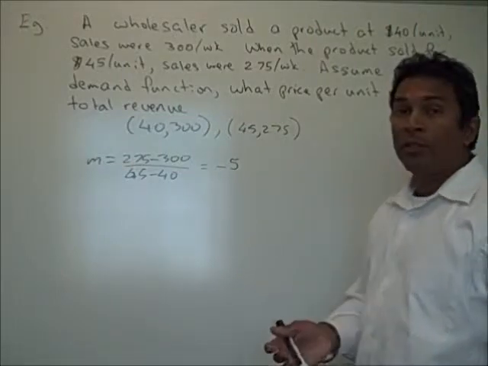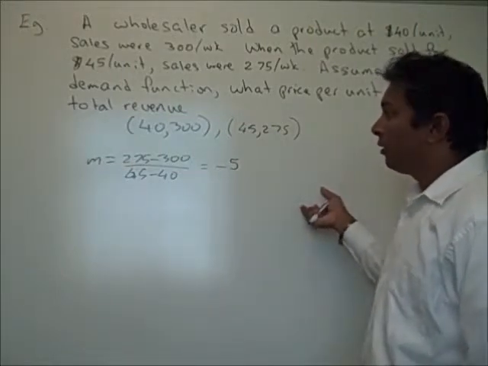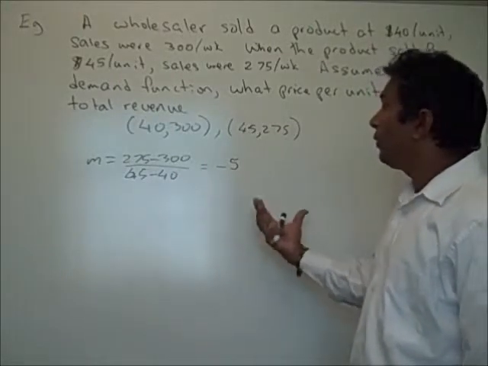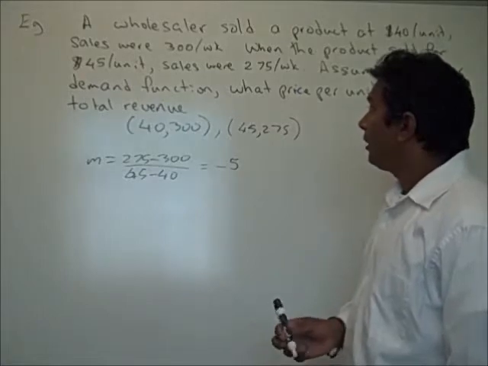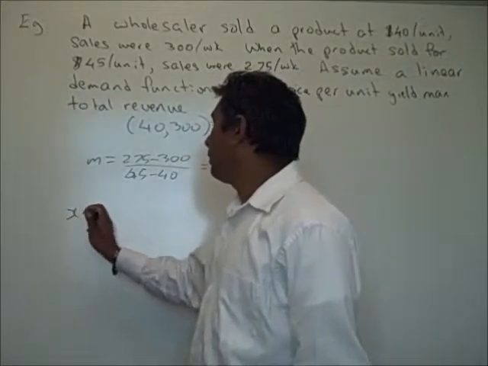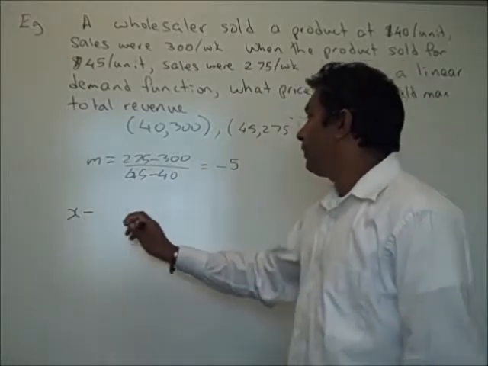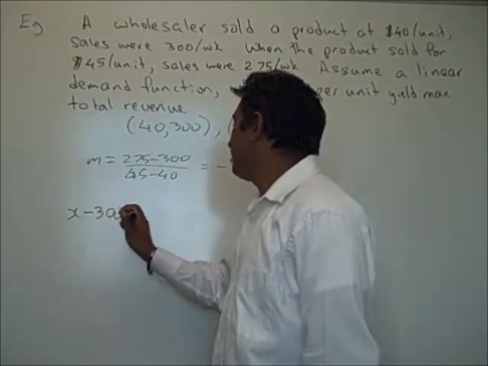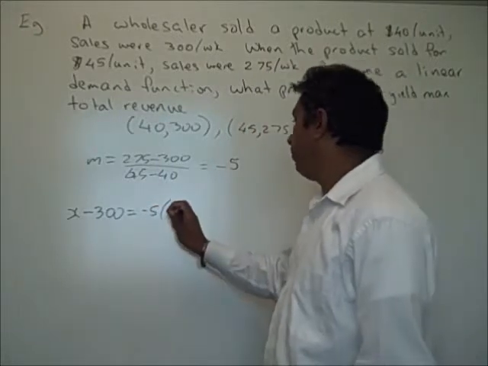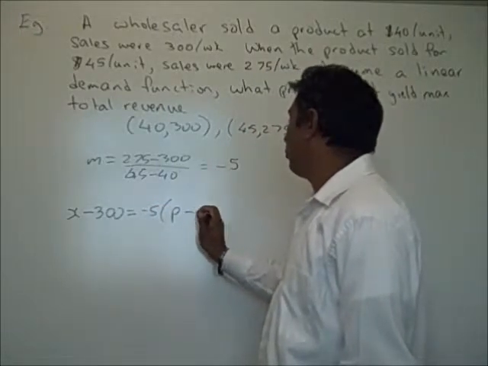We can then use the point-slope form to write an equation for our demand function. So we know that x minus 300 is going to be equal to our slope, negative 5, times p minus 40.